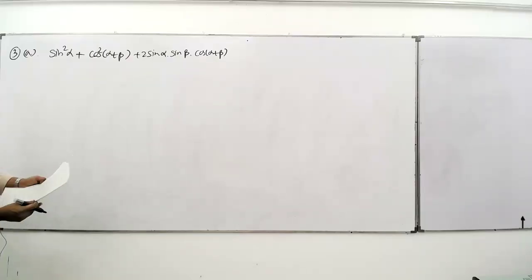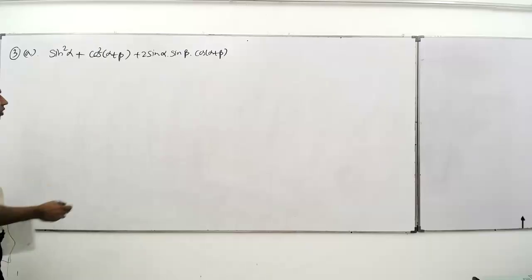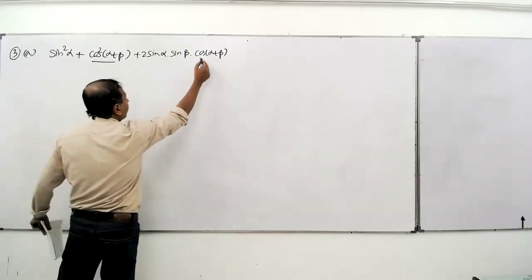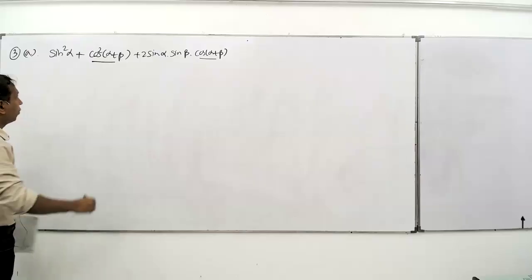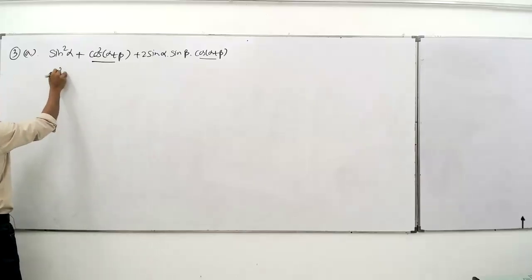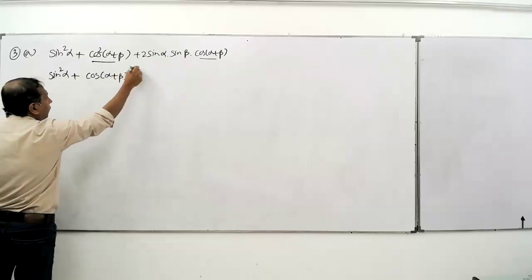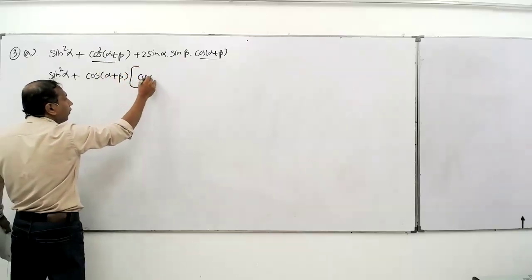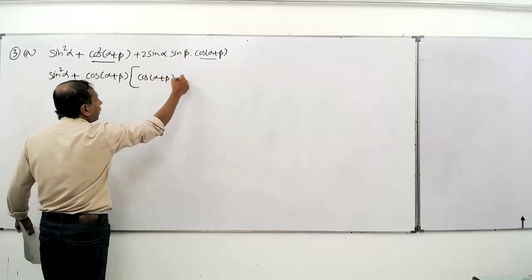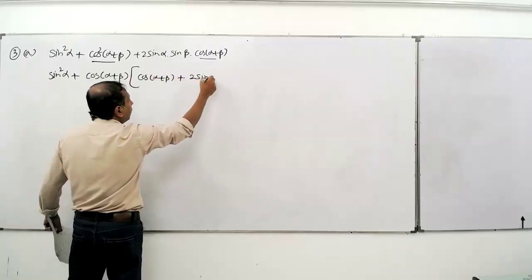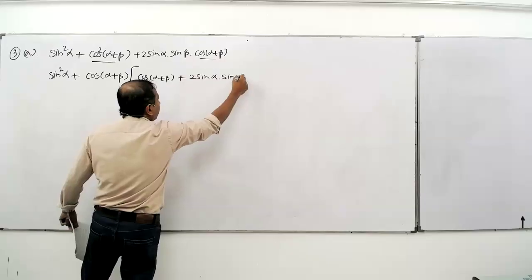Cos squared beta, yes. I try to simplify it like this. Here and here, take cos alpha plus beta out as common. Sine squared alpha, cos alpha plus beta, take out. Here we have cos alpha plus beta, and here sine alpha, sine beta.